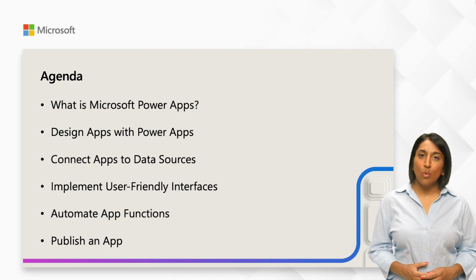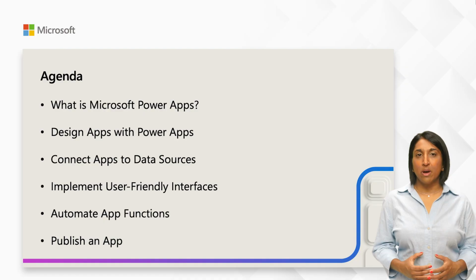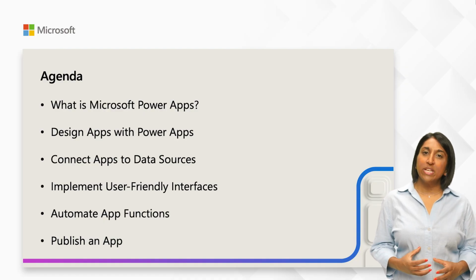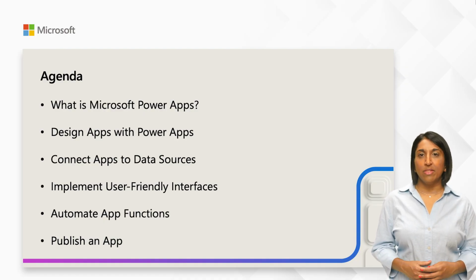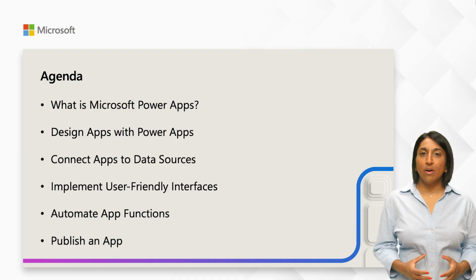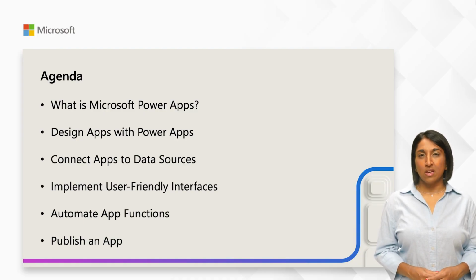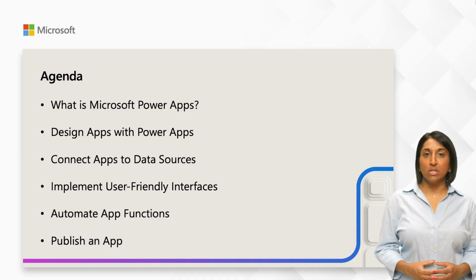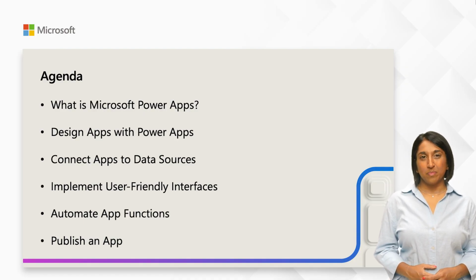In this webinar, we'll begin with an introduction to Microsoft Power Apps, covering its basics and its role in the Power Platform, including an overview of Canvas apps and model-driven apps. We'll then move on to designing and customizing apps using the Power Apps interface, with examples of app creation starting from SharePoint and templates.